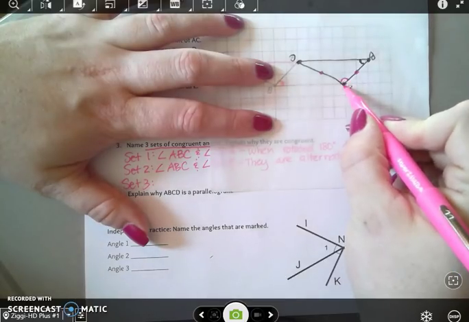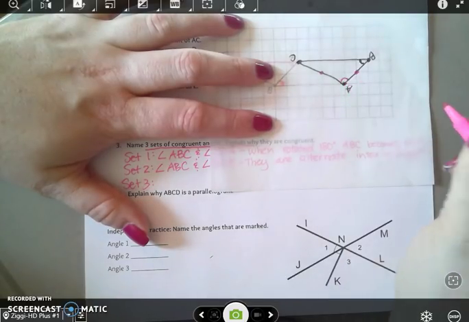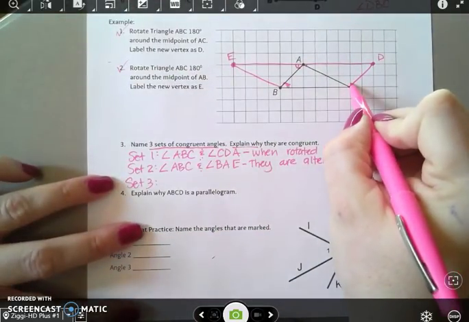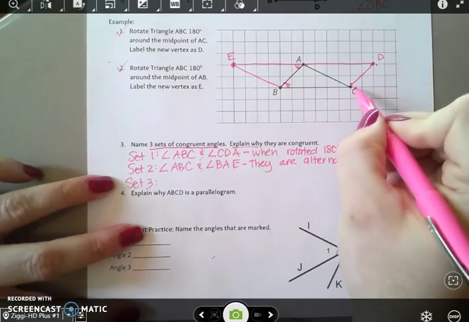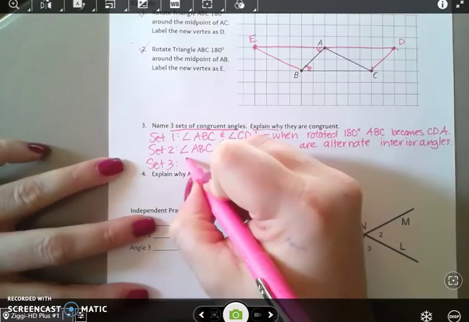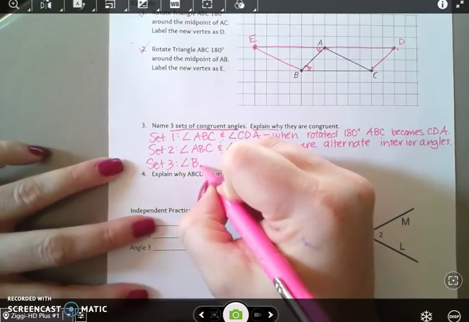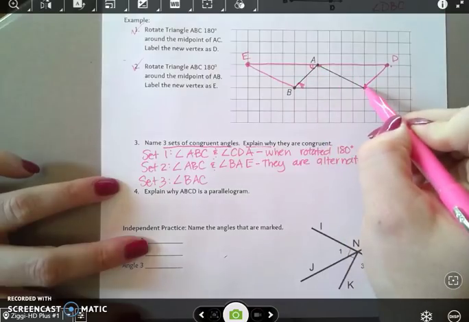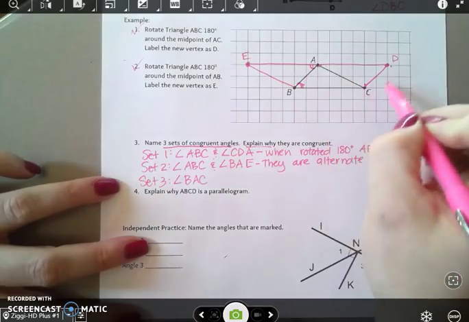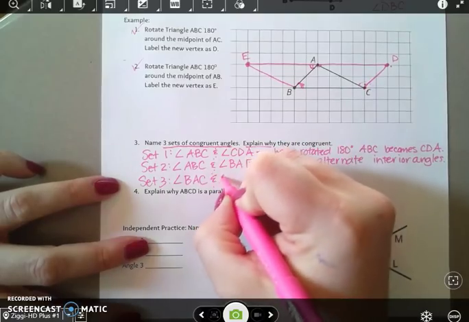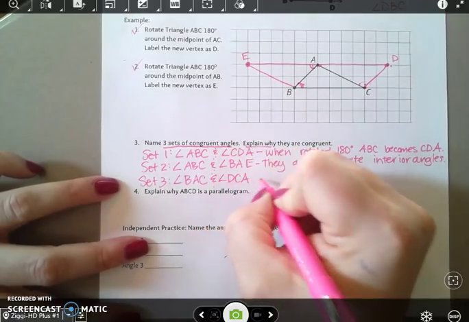Well, it's this one down here. So let's move our tracing paper and see what our letters are. So when we move it, we're looking at this one, angle DCA. So let's write that down. Angle BAC was the top. When we rotated it, it became down here, which is angle DCA.